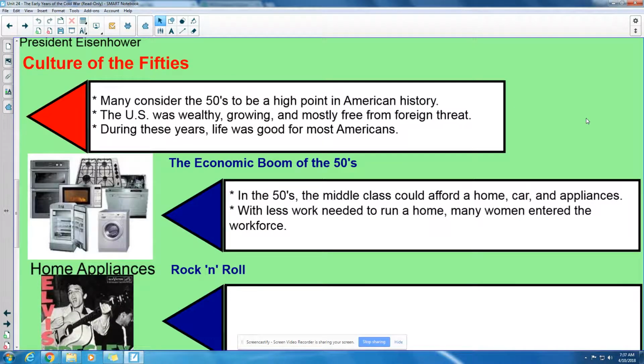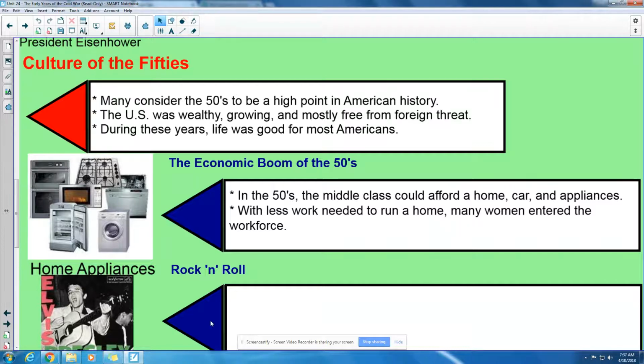A little bit more on the economic boom here. In the 1950s, if you were a middle-class American with a good, steady factory job, it was expected that you could afford a house, a car, and appliances. This was fairly new to American life, that most people would be able to afford a refrigerator, a washer, a dryer, a gas stove.